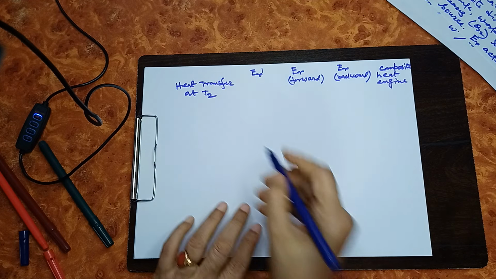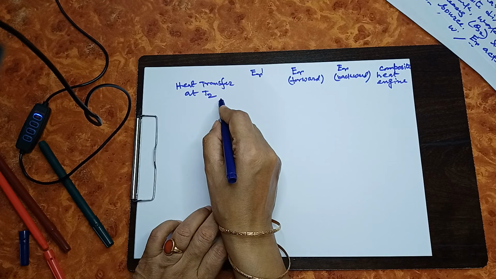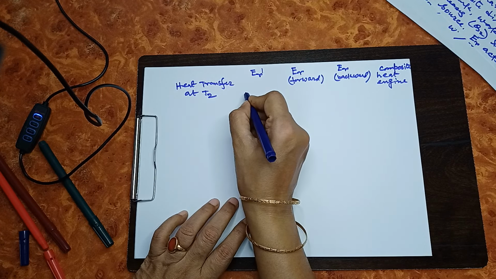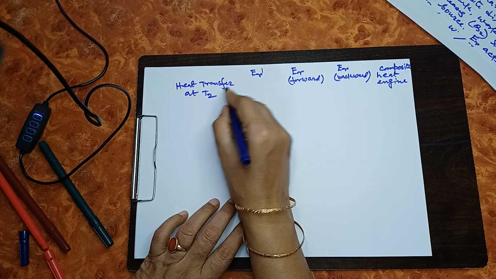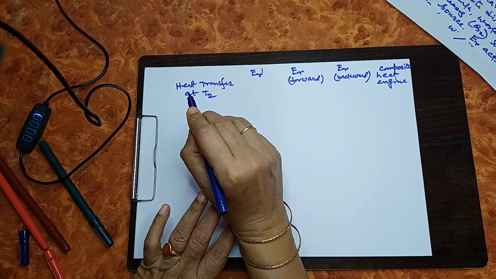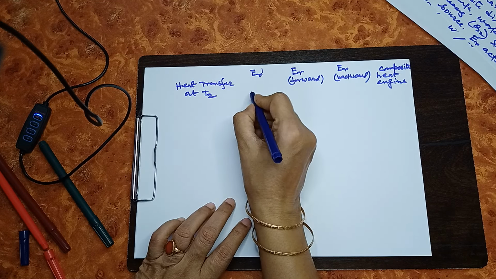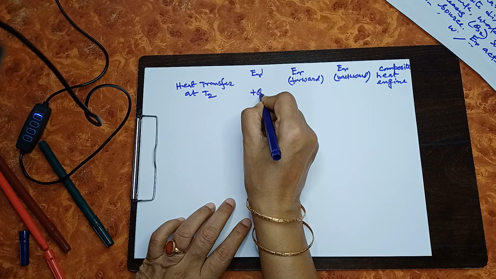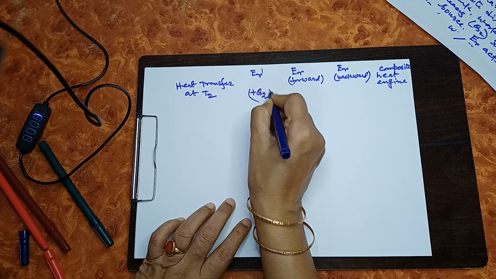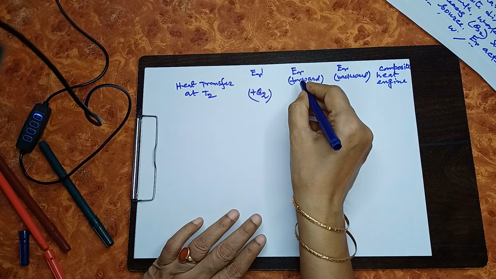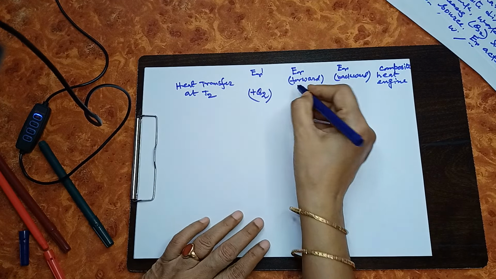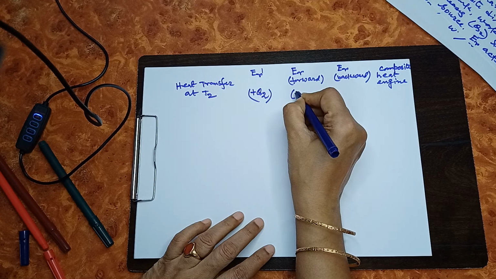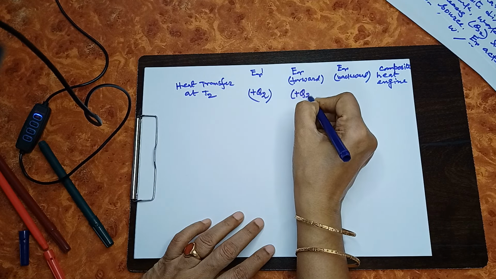Okay. So first one is heat transfer at T2, that means high temperature source. ER dash is taking the Q2 amount of heat. So it is plus Q2. Okay. ER, if it works in the forward direction, it is also taking heat from the source, plus Q2.